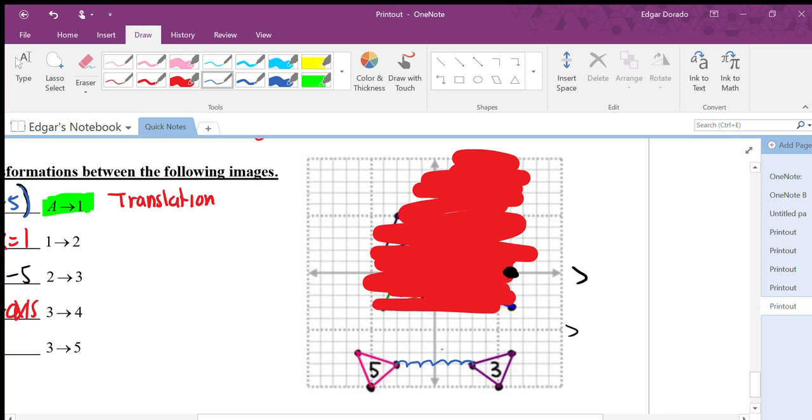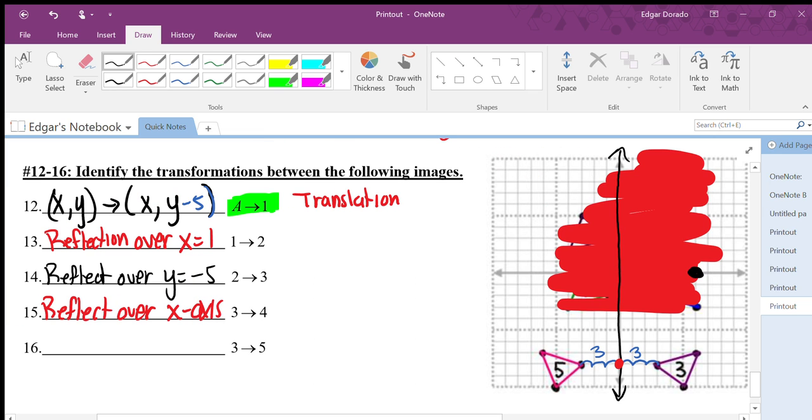Looks to be about 6, so 3 and 3. And midway between those was this right here. So that is my line of reflection right down the center. And that is actually my y-axis. So reflection over the y-axis.